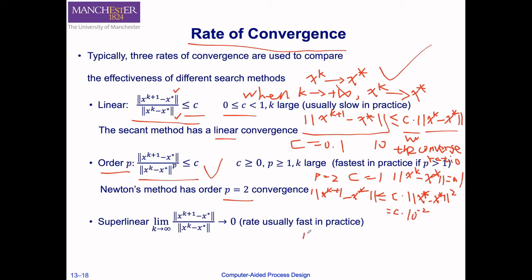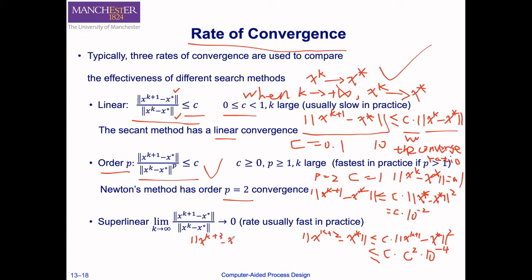We continue to calculate the error at iteration k plus 2, which is less than or equal to c times the error at iteration k plus 1, which is less than or equal to c times c squared 10 to the minus 4. We continue to calculate the error at iteration k plus 3.